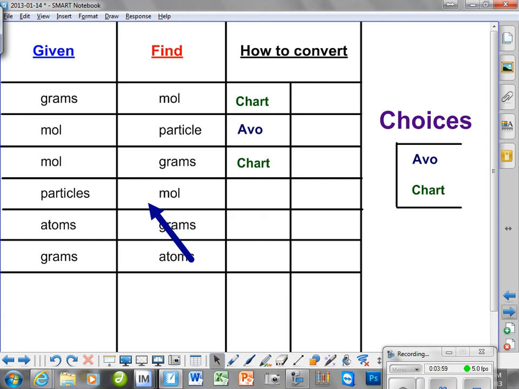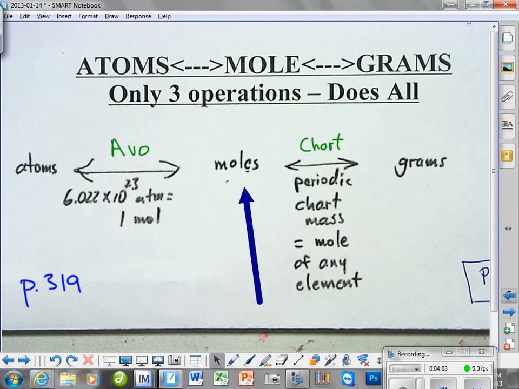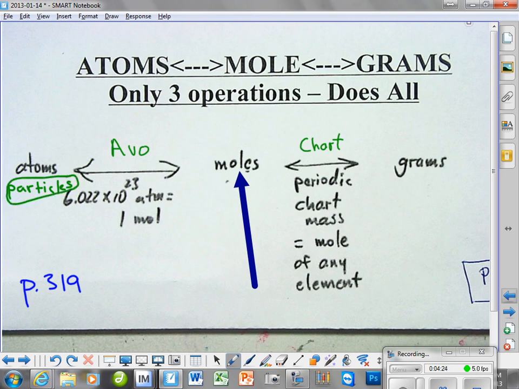Now, let's do particles to moles. Particles to moles. What do we get there? Particles are sitting over here with atoms, and moles are sitting here. And why don't we just write this into particles, okay, because particles goes with atoms, and let's just circle that, keep it separated from everything else, and we'll just move that little guy over a tad.